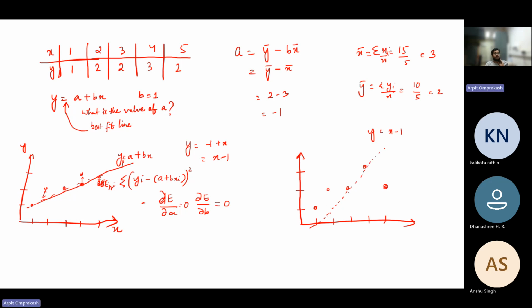So the line basically passes through two of the points and it's surrounded by it.